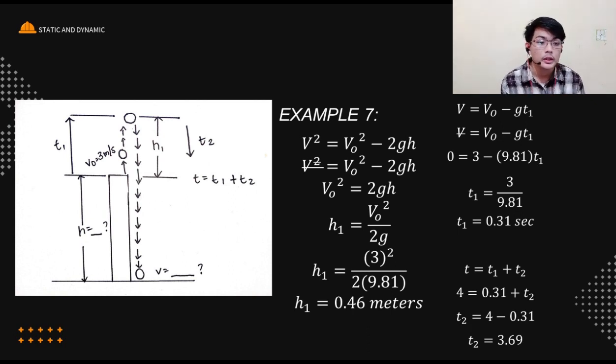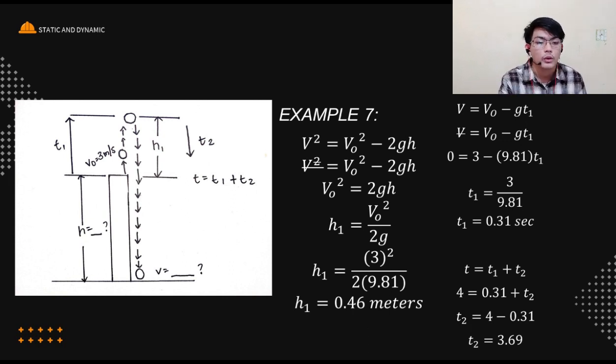Then moving forward in the equation, we have v, our final velocity, equals our initial velocity minus gravity times our first time. Our final velocity, which is not shown, is equal to 0, and then we transpose our gt to the left side, turning it positive.